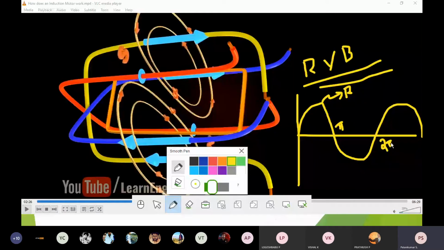So when this is happening, the Y phase comes into the picture exactly here: this is 90, 180 means here. Here only it is going to start. Likewise, minus 240.